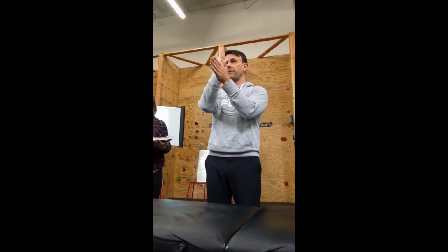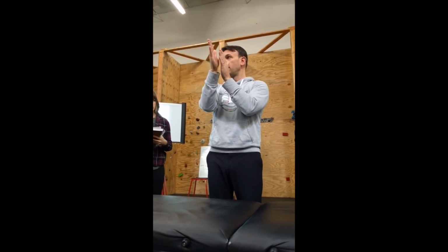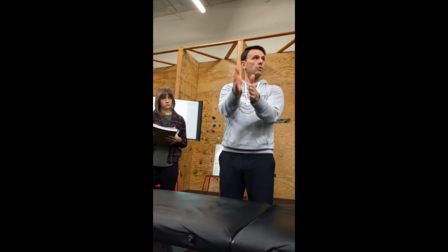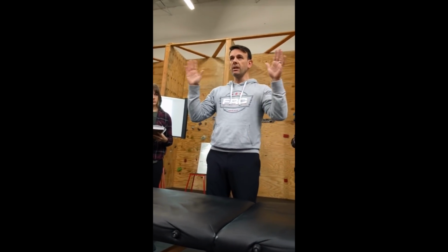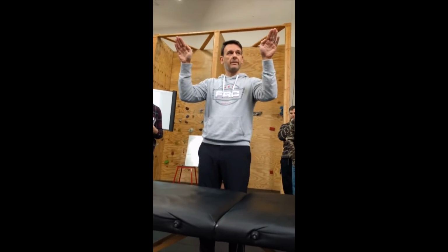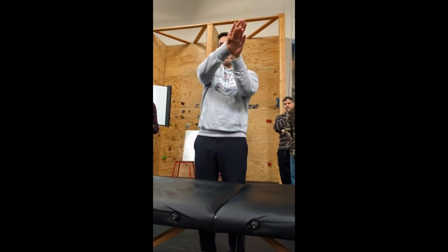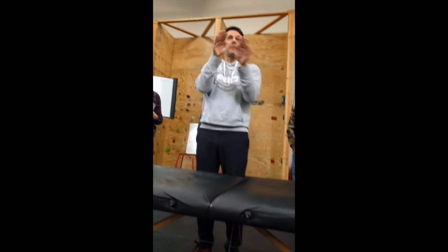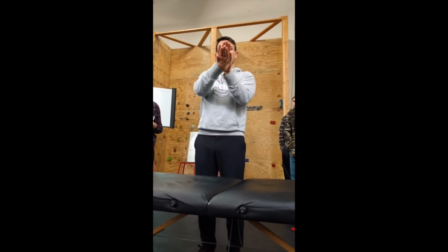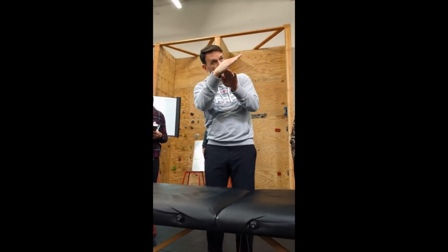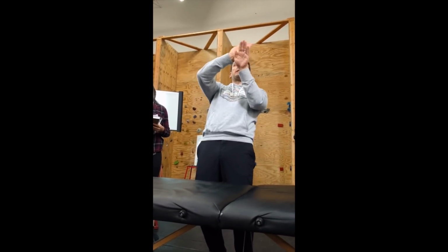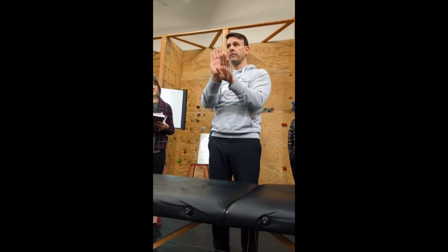The facets are planar to flexion and extension. Thoracic spine facets go like this. Cervical spine facets go like this, which is why, when we look at CARs in the cervical spine, we go flexion, rotation, lateral flexion, extension.